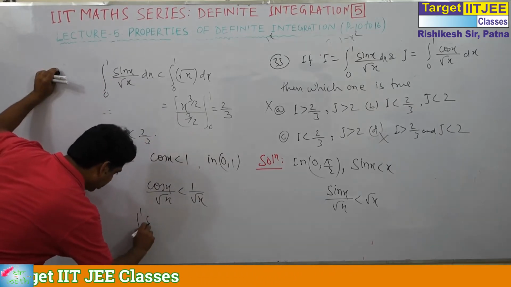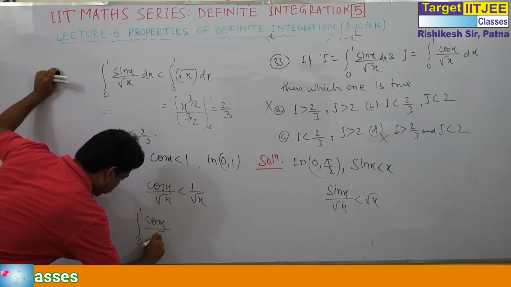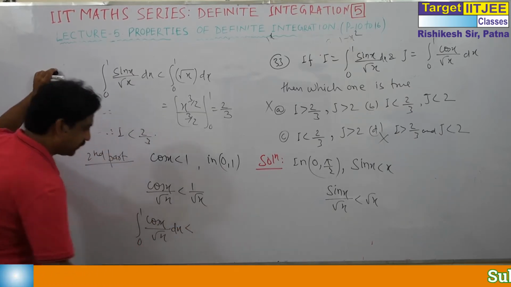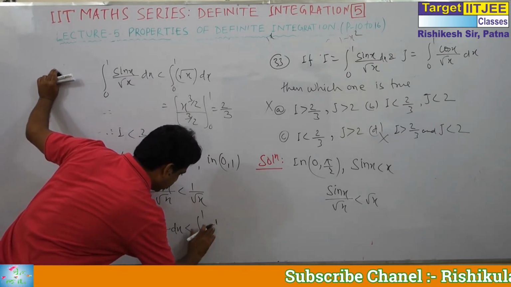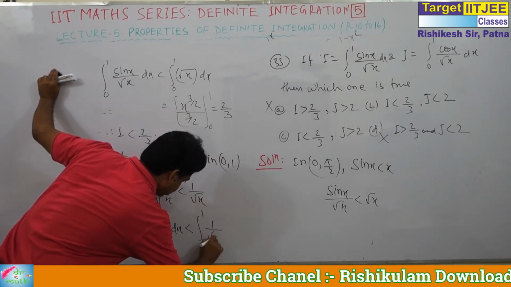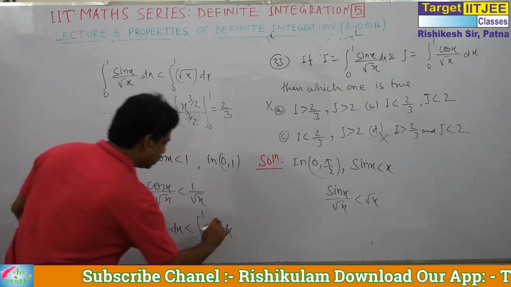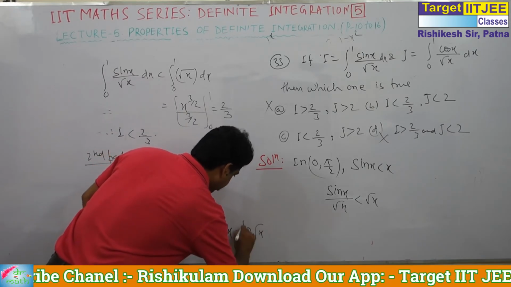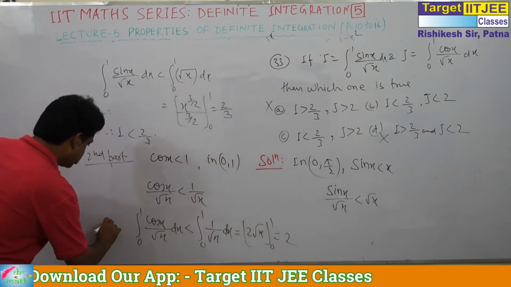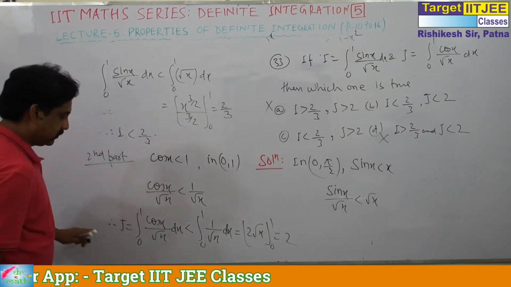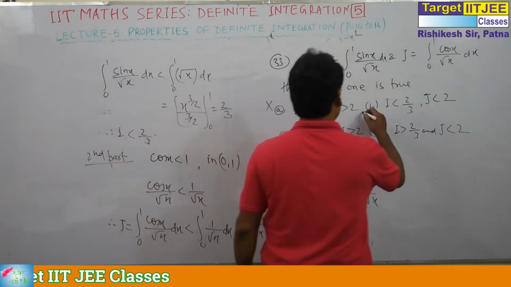So the integral from 0 to 1 of cos x by root x dx is less than the integral from 0 to 1 of x to the power minus 1/2, which you can integrate. This is actually 2 root x from 0 to 1, so this is 2. This is j, so j is less than 2. So B is the correct answer.